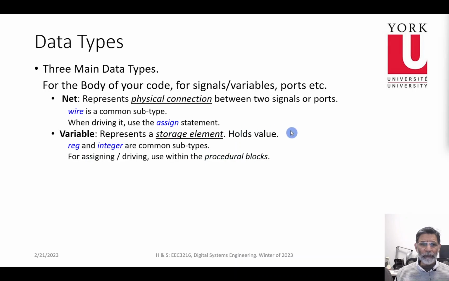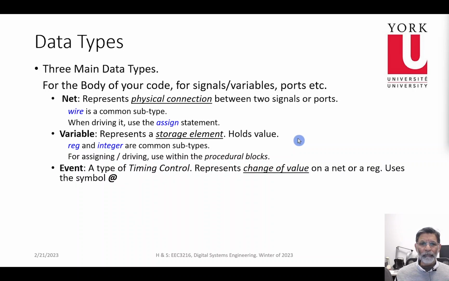Variable is another type, and reg and integer are the two common subtypes. They are used for assigning or driving signals within the procedural blocks, the initial and the always block. Event is the third data type. It's a type of timing control, just like delay is also a type of timing control, but most events are synthesizable, and they represent a change of value on a net or a register, like we saw in that always block, always at the positive edge of the clock.